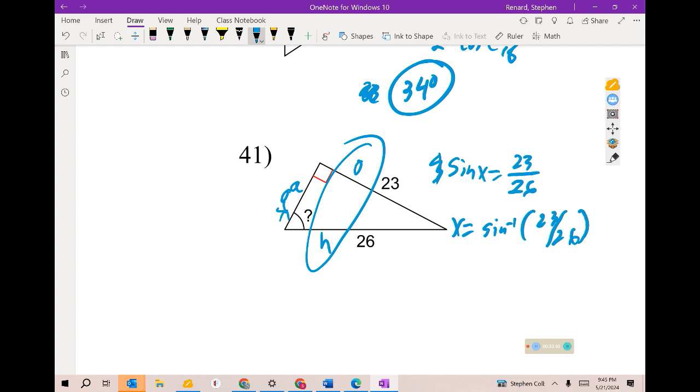So again, on our calculator, we're going to hit second sine, and then just 23 divided by 26. Enter. And that gives you 62.2 degrees, or 62 degrees.